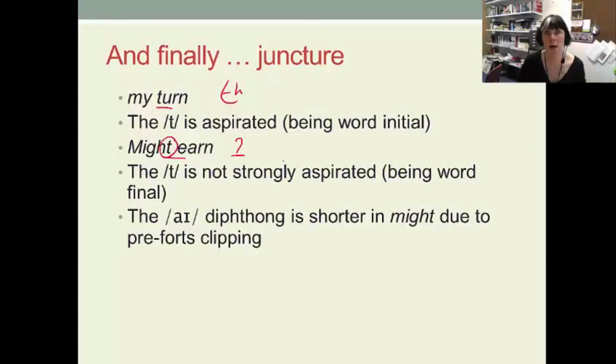So I can say might earn, but I can't do that in this one where it is word initial. Also in might earn, the I diphthong is shorter because of pre-fortis clipping. It's not much shorter, but it is a little bit shorter. So the position of sounds in words, what they're next to, is going to have an effect on the way that we pronounce them.